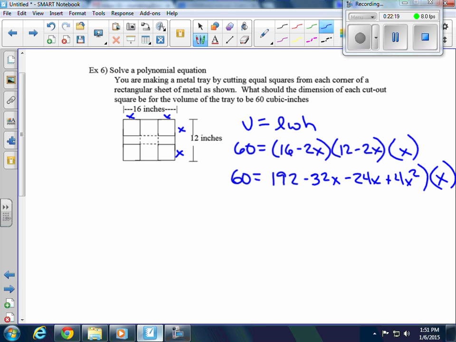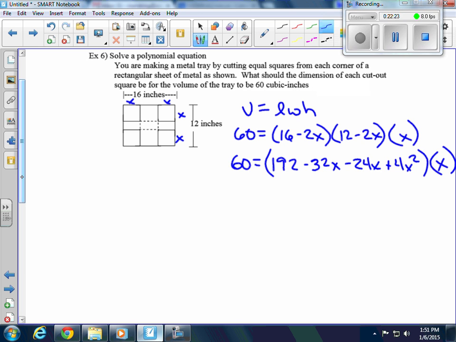We have our x left over there. So now this is going to be 60 equals, and I'm going to distribute the x. So 192x minus 56x squared plus 4x cubed.